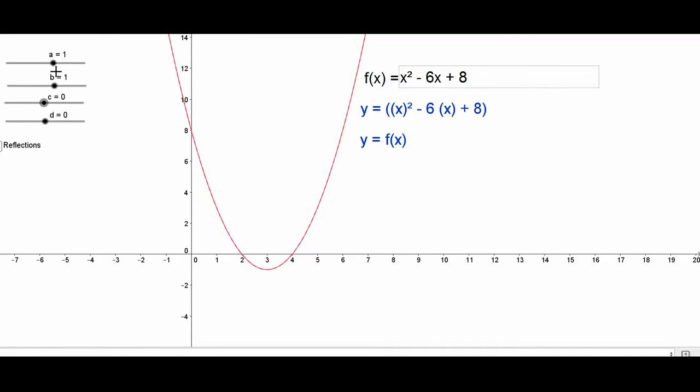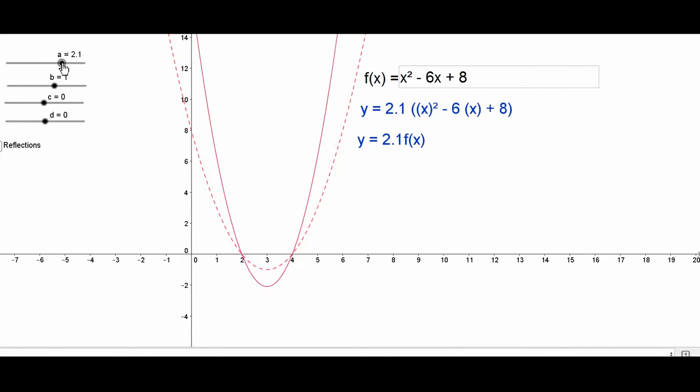Another type of transformation is a stretch. Here is a stretch of factor 2 parallel to the y-axis. And we see what's happened here. The curve has been stretched. So we can see any point.